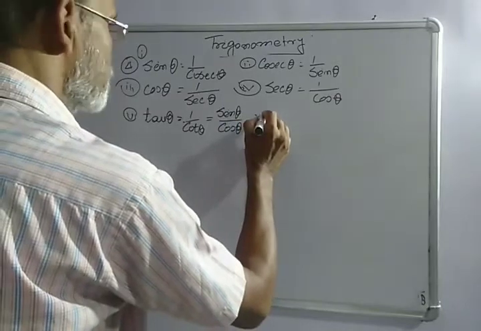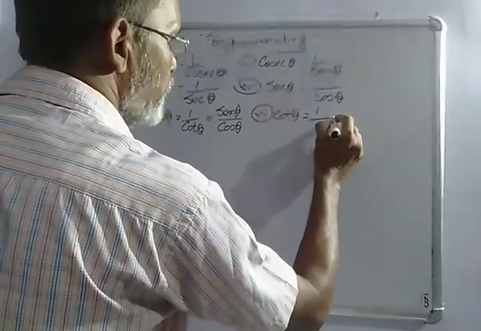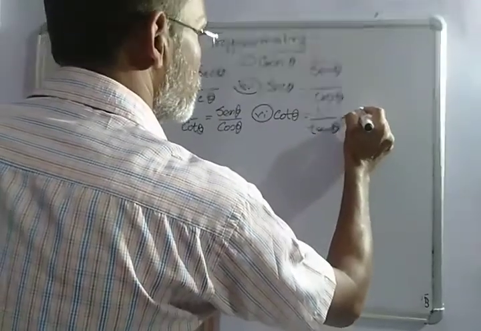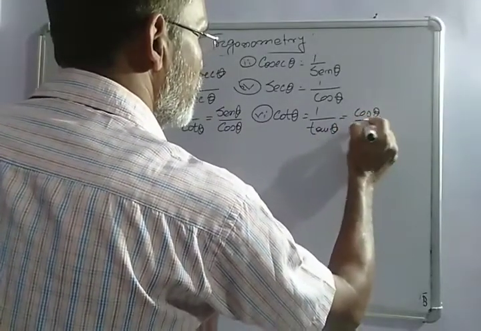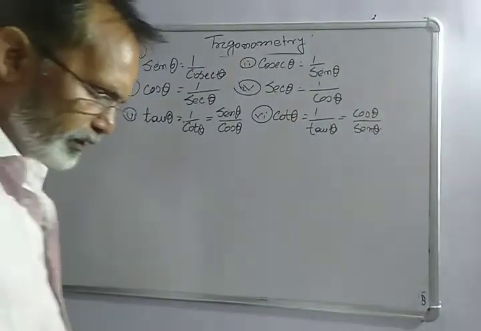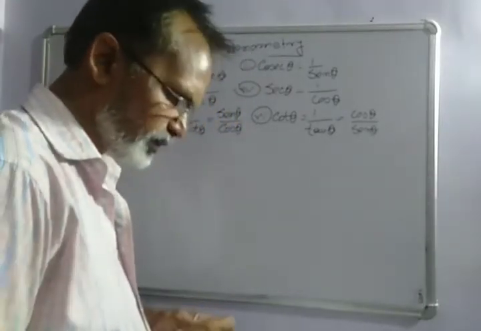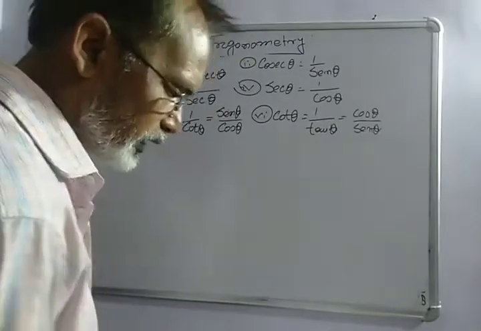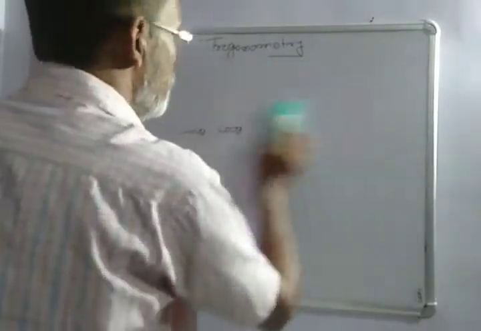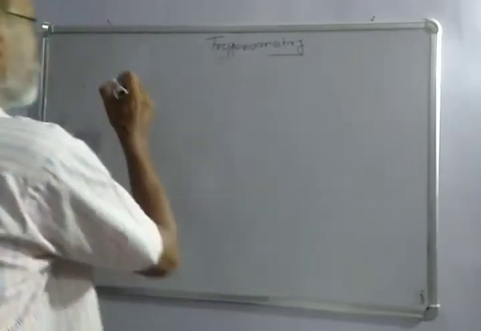Then number 6, cot theta is equal to 1 by tan theta, and that is equal to cos theta by sin theta. These are some of the formulas. Then the fifth formula.